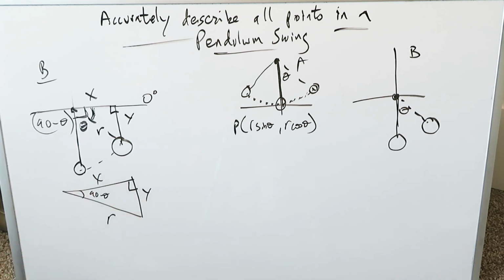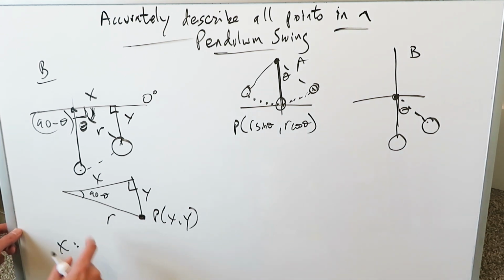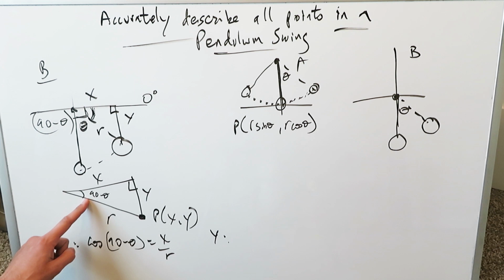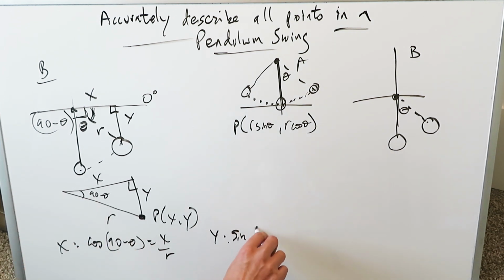Now when I'm looking at the point right here, this is a point which has a certain x and a y to it. The x can be represented as this. You will be looking here at cosine of 90 minus theta is equal to x over r. Now when I'm looking at the y, it's with regards to this angle. I have sine of 90 minus theta is equal to y over r.